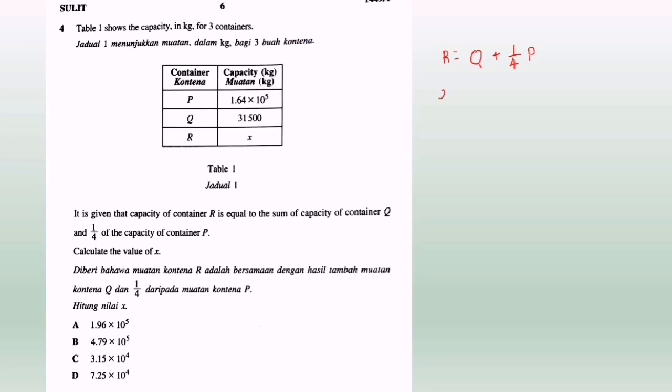R is S. The value of Q is 31,500 plus the value of P is 1.64 times 10 power of 5. So 1/4 times 1.64 times 10 power of 5. So S equals 7.25 times 10 power of 4. The answer is D.